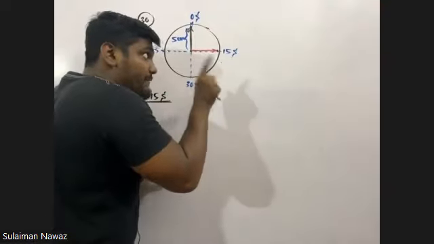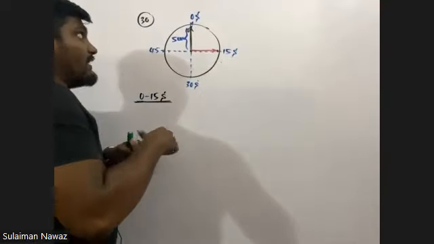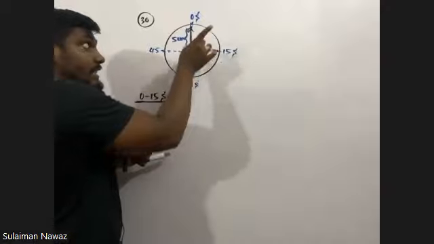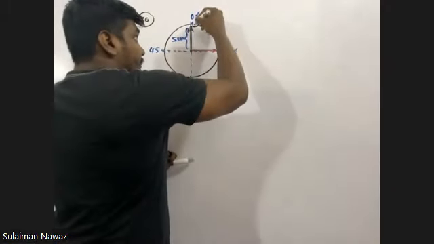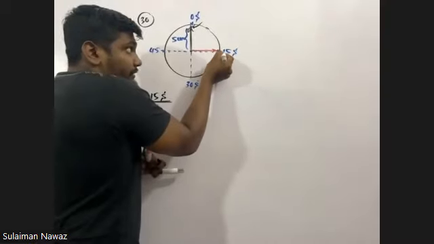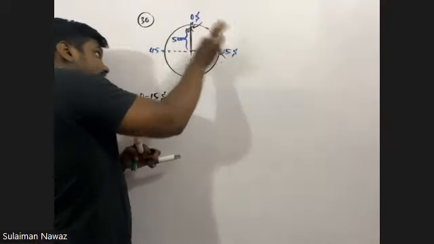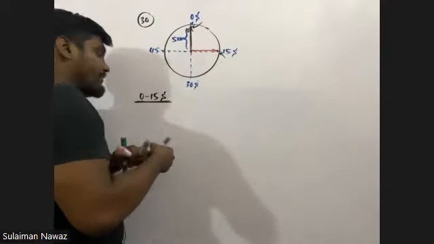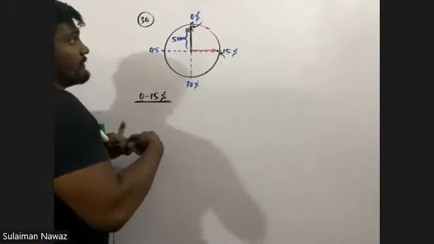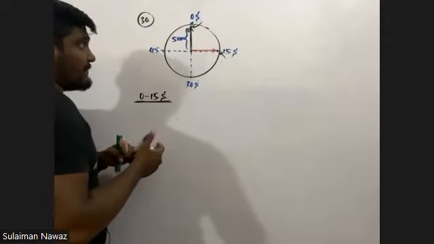What do we want to find? We want to find the displacement. Displacement means the shortest distance between the initial point and the final point. This is my initial point. This is my final point. So if I draw a straight line passing through the initial point and the final point, I will get my displacement.